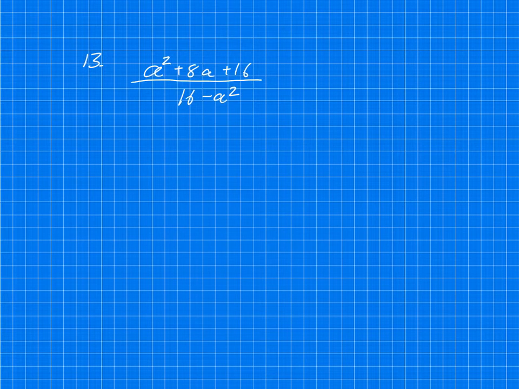And just on this one, I'll take it off to the side for a moment here. Plus 8a plus 16. If you want to, you can go ahead and try to split the middle. Well, let's go ahead and split the middle term. I think some of you know that there's kind of a shortcut with this one. Basically, with anything that has the squared term all by itself, we can factor it this way.